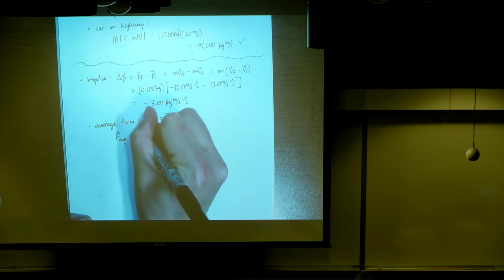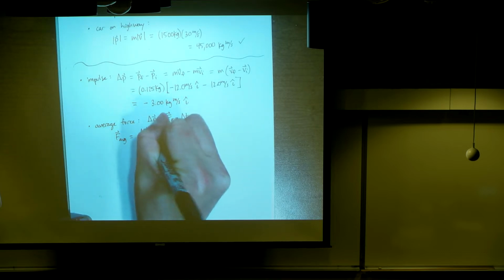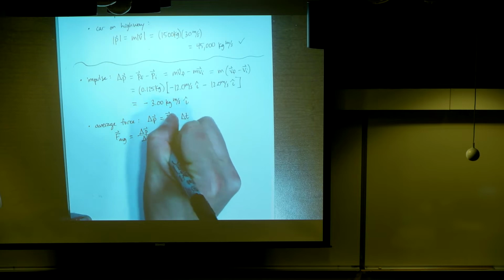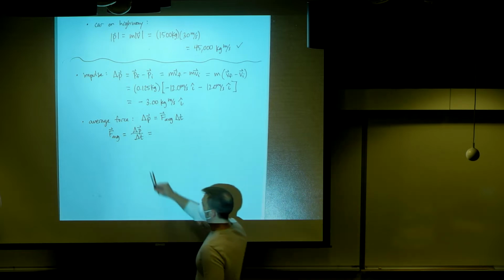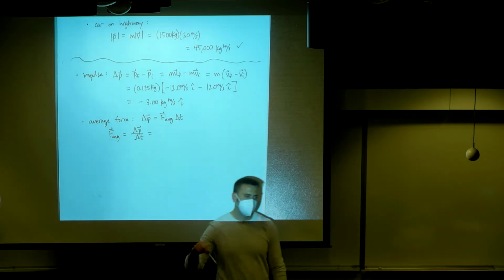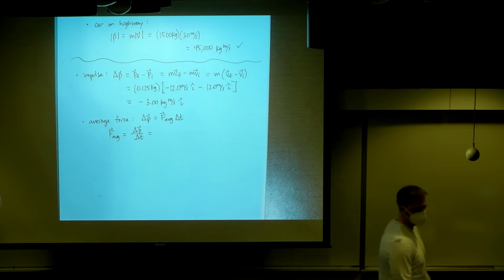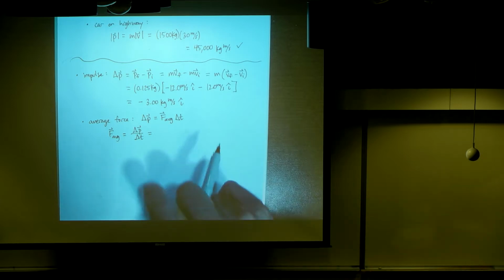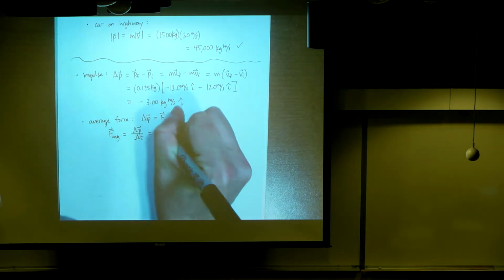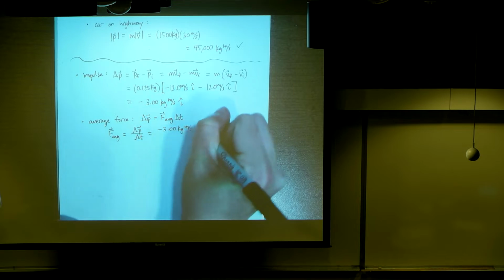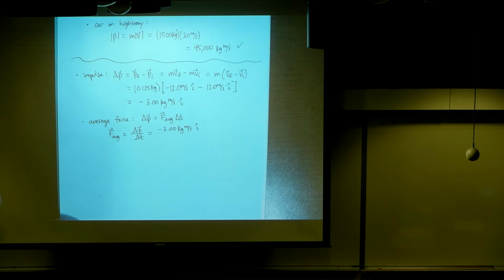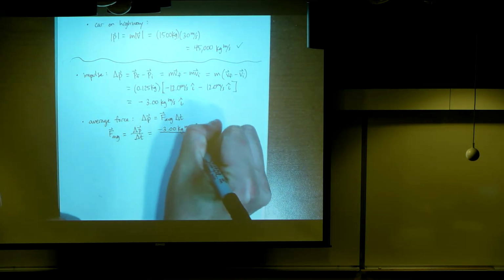So that's equal to delta P divided by delta T. The average force during some kind of collision or bounce like this is just how much the momentum changed as a result of that, divided by how long it took, okay? That's the average force. What's our delta P? That's minus 3 kilogram meters per second, and I'm going to include the i hat because it is a vector. And then I'm going to divide by delta T.